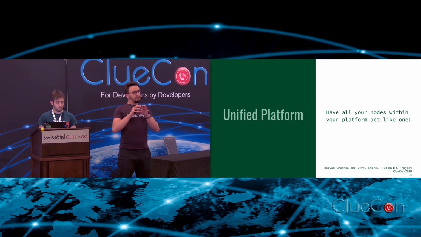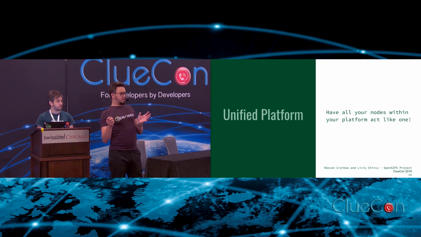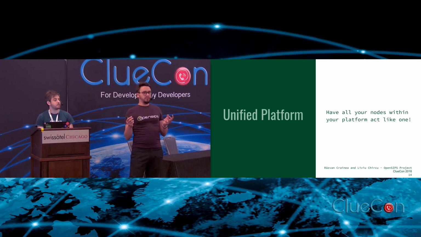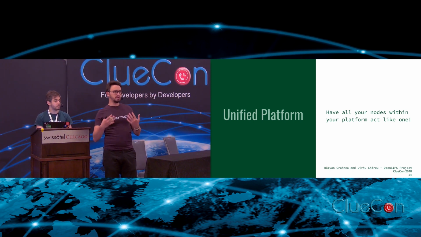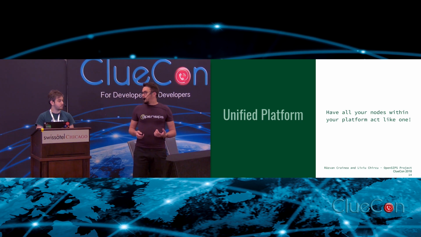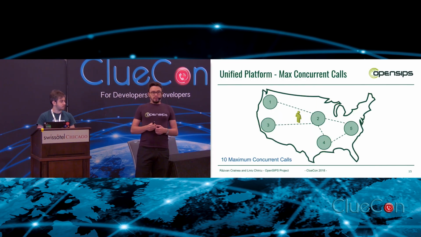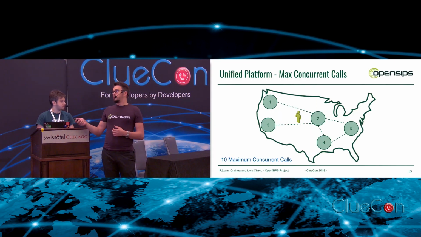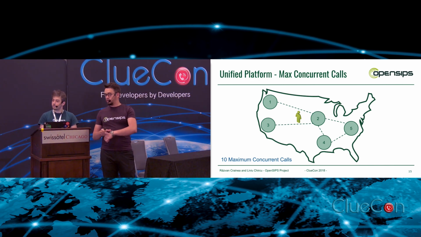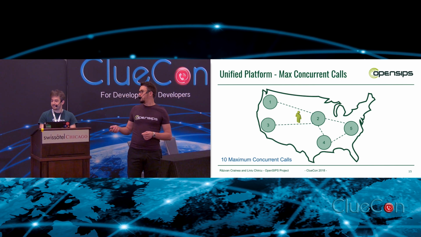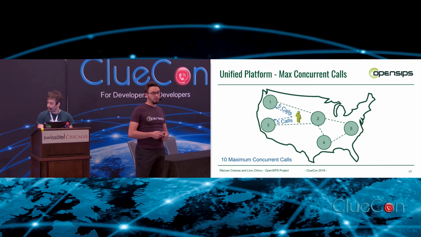Again, now that you have different nodes that all share the same data, you can say that your platform acts as unified, acts as a whole, as a single platform. This means that, for example, if you want to impose concurrent call limits, imagine you have a client that is only allowed to have 10 maximum concurrent calls, and he starts doing 5 calls on this node, but somehow it ends up on this node making 5 more calls.